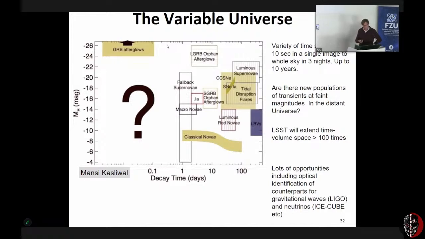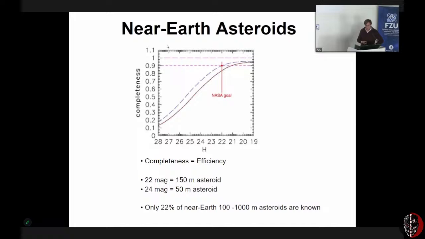Regarding the near-Earth asteroids, the requirement coming from NASA, and from the government as well, to protect the Earth from rogue asteroids is that you need to have 90% efficiency, or completeness in that terminology, for objects with magnitude of 22.